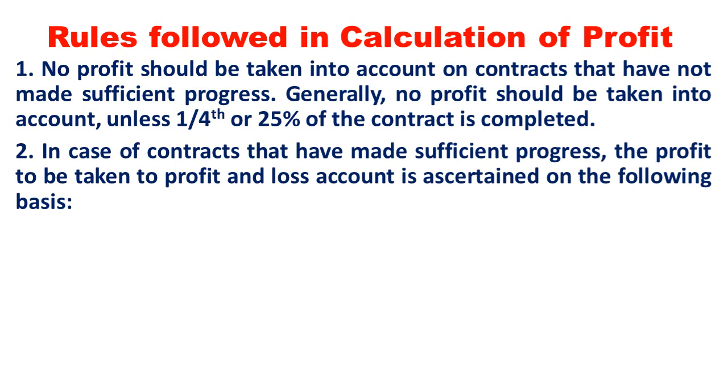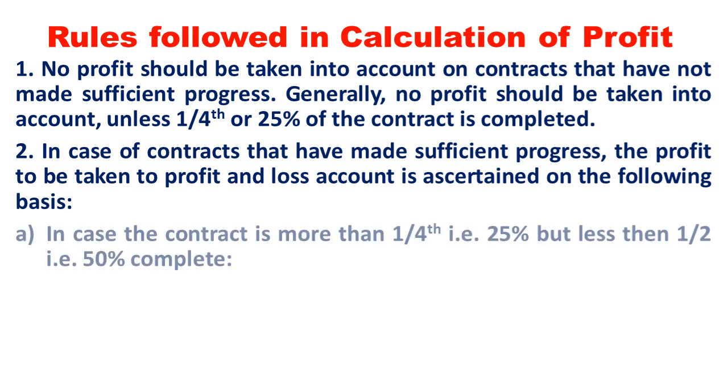In case the contract has made sufficient progress, the profit to be taken to profit and loss account is ascertained on the basis of the following two situations. Situation one is, in case the contract is completed more than 1/4 or 25%, but less than half, that is 1/2, 50%.